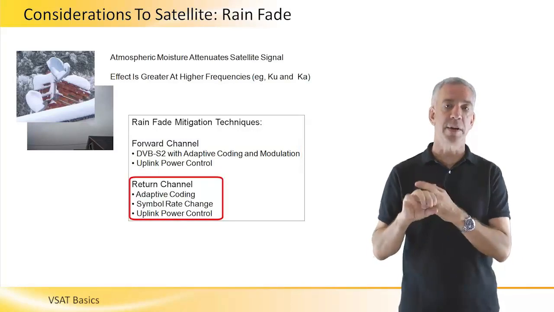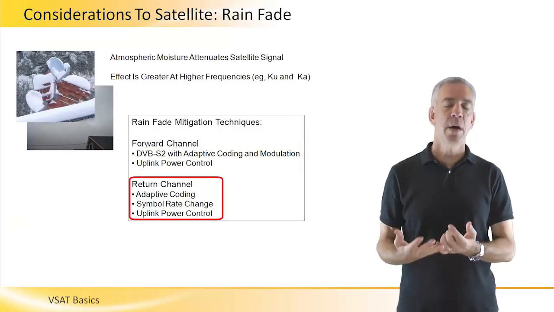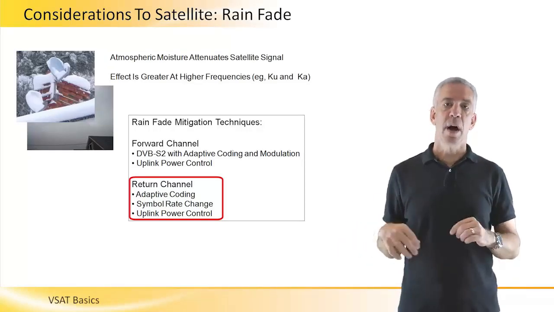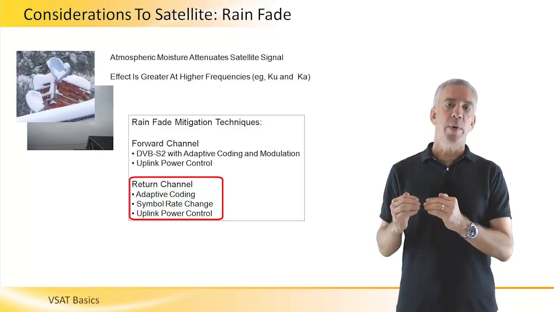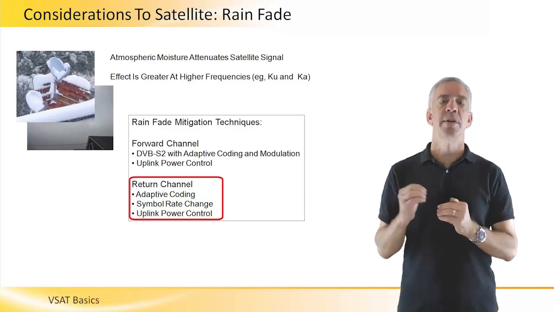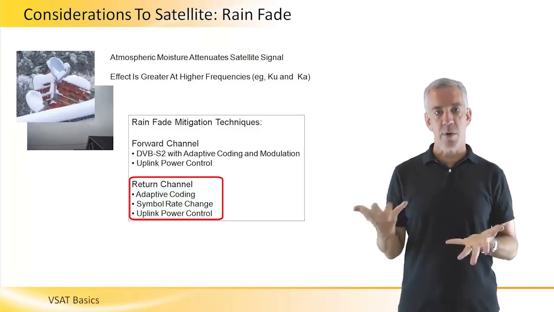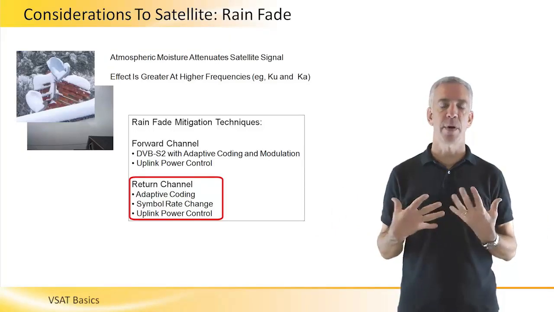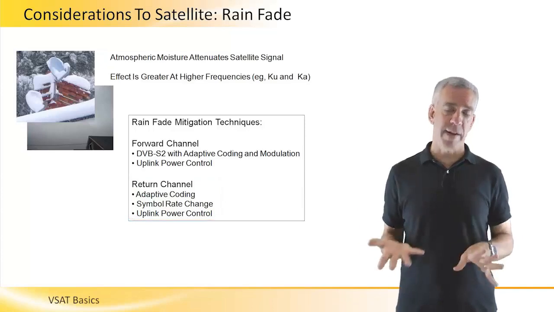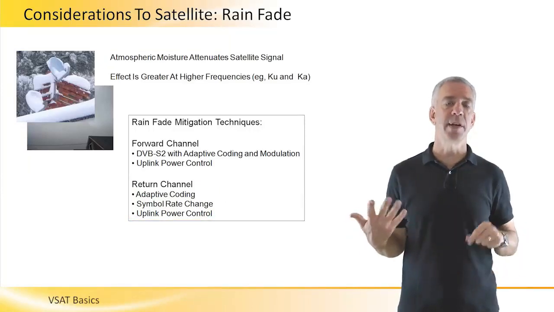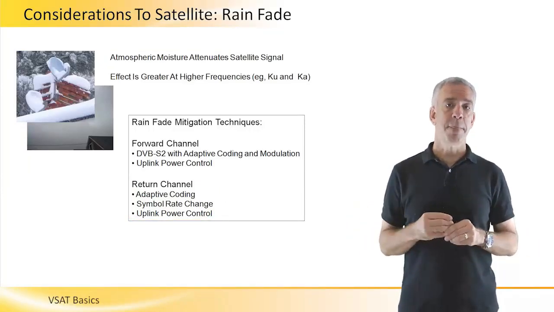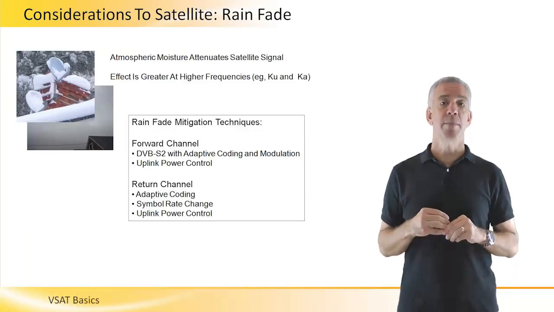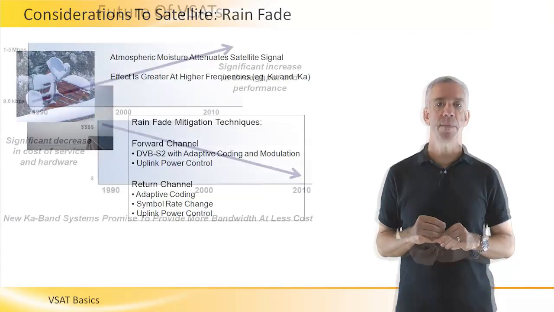Most specifically, we can do adaptive coding. We can also change the return channel symbol rate, and these are ways that we can increase the signal quality. And of course, we can also increase the uplink power available at the remote. The suite of rain fade mitigation techniques enables us to typically provide a 99.5 or 99.7% availability.